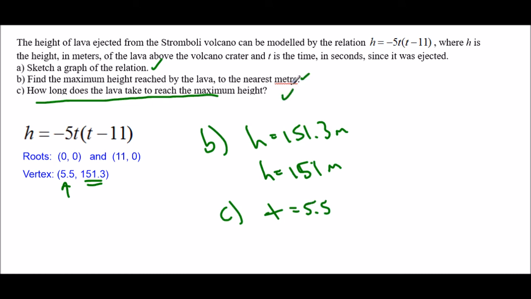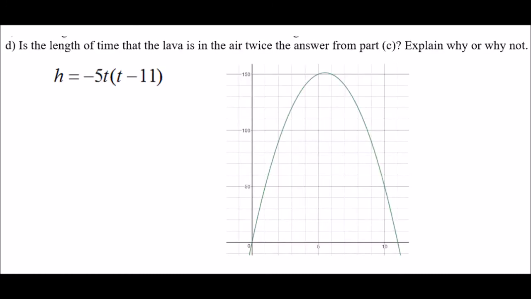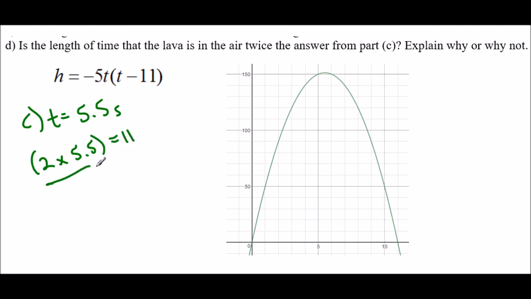So I've done A, B, and C, so let's look carefully at D. Is the length of time the lava is in the air twice the answer from part C? Explain why or why not. So my answer to part C was 5.5 seconds. So 2 times that would be 11. So that's what I'm looking for. Is the length of time that the lava is in the air 11 seconds?